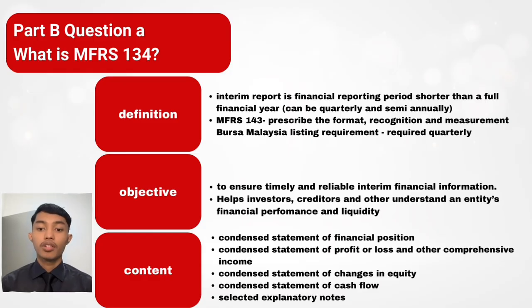An interim financial report should include a condensed statement of financial position, a condensed statement of profit or loss and other comprehensive income, a condensed statement of changes in equity, a condensed statement of cash flow, and selected explanatory notes to give additional context. These components ensure the interim report is clear, useful, and comparable to the annual financial statements.